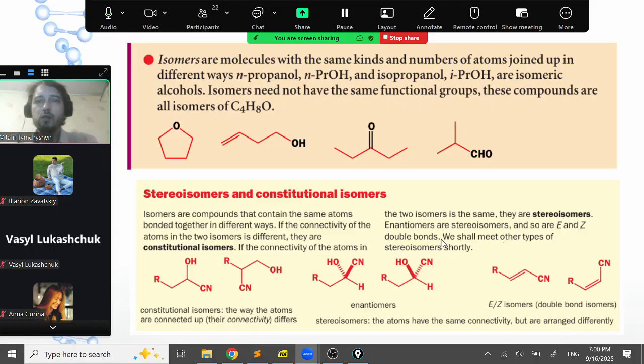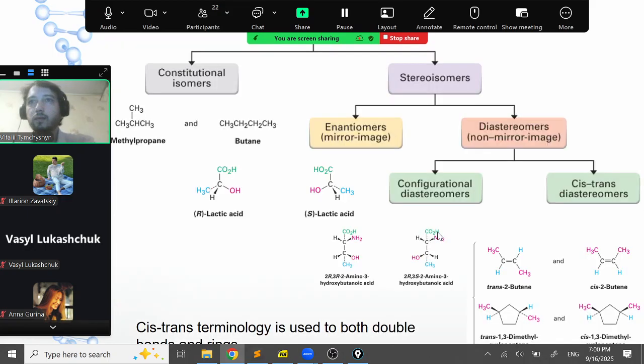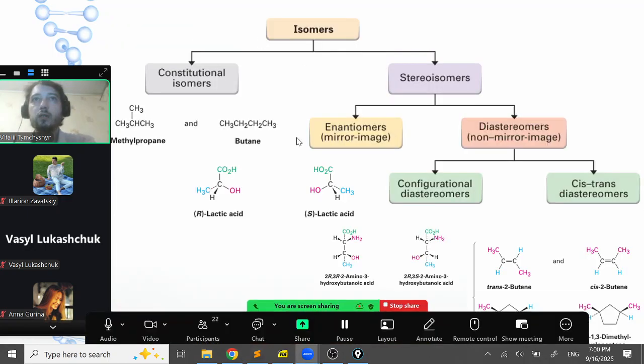So I think I will show you a little bit better table, because there are many different isomers. So here are some examples I want you to see. We have constitutional isomers, so we have the same number and kind of atoms.